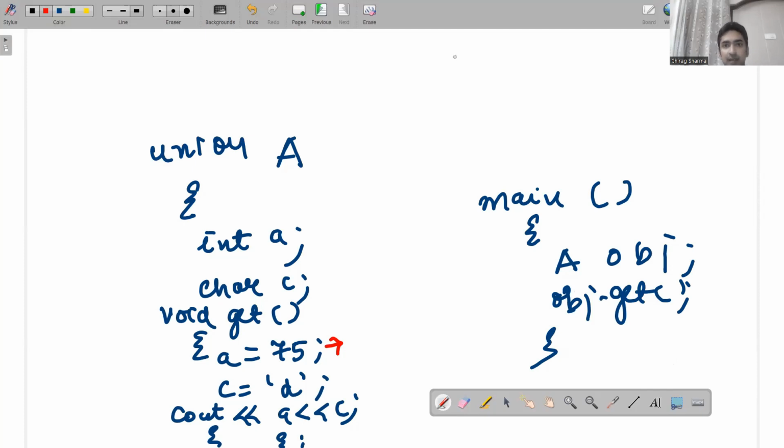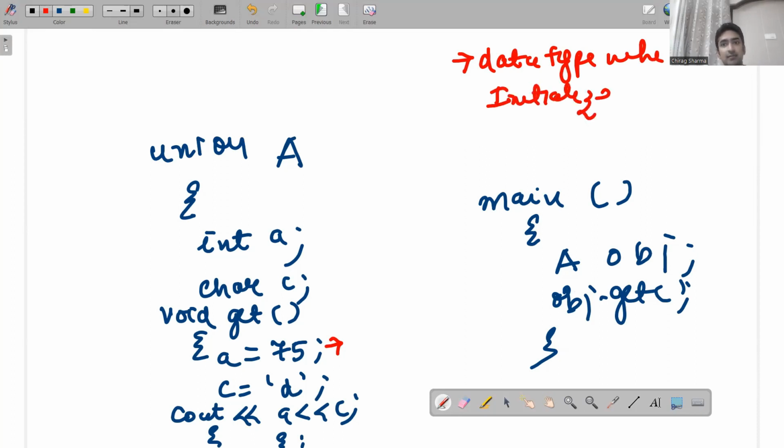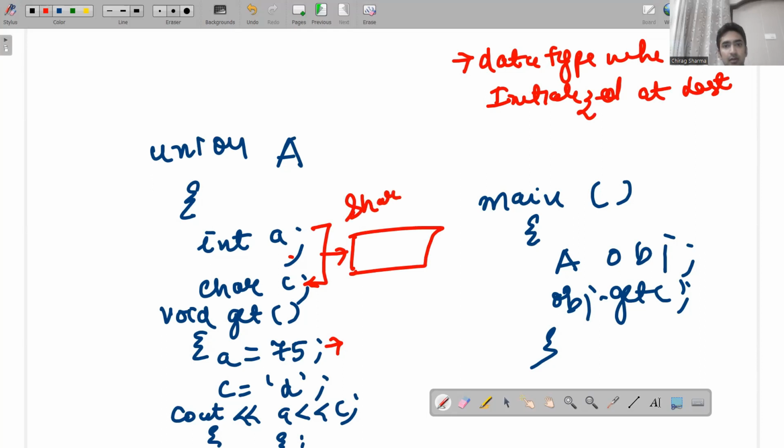The answer is dependent upon the data type which is initialized last. It means your A and C will both share memory.